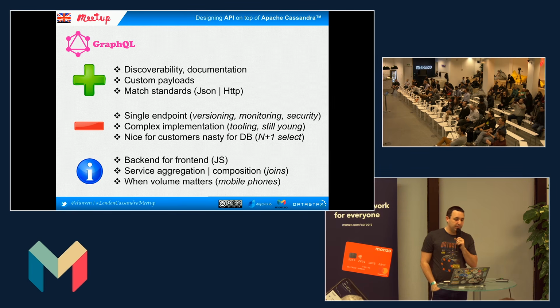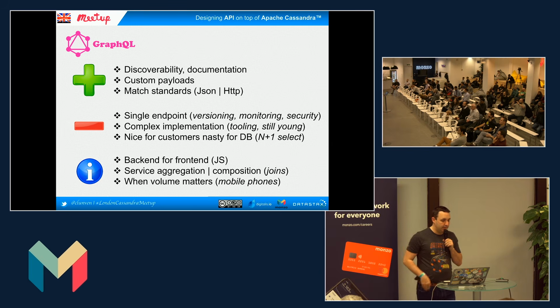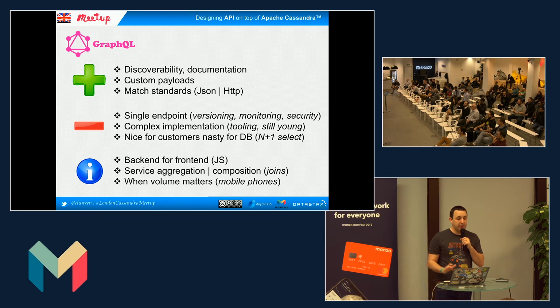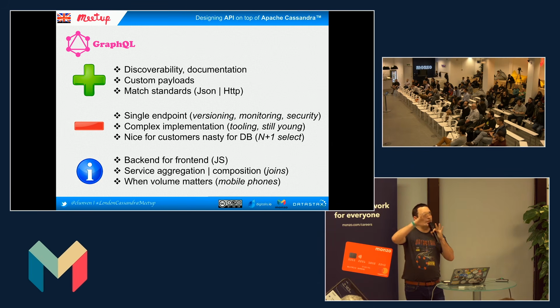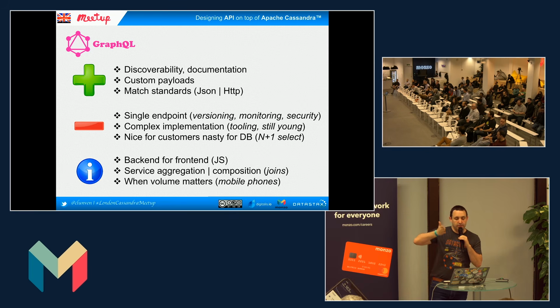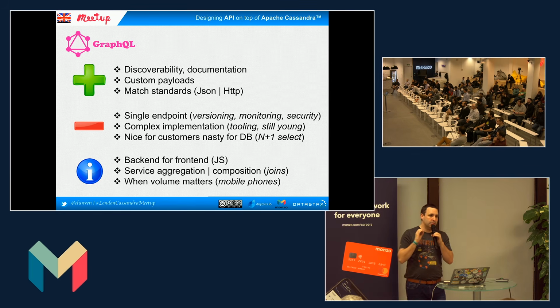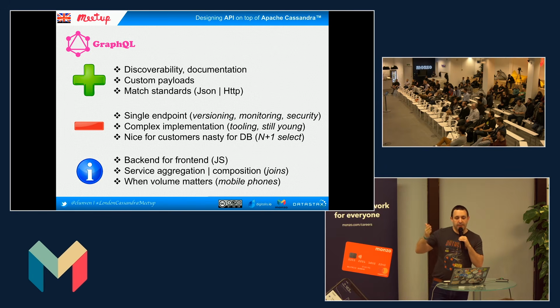So backend for front end, no surprise. It's also good for service aggregation and composition, because if you have multiple services around your IS, you can put some kind of proxy on top of it, and then your final customer will reach that proxy, list exactly what they need, and the GraphQL backend can do the composition for you.